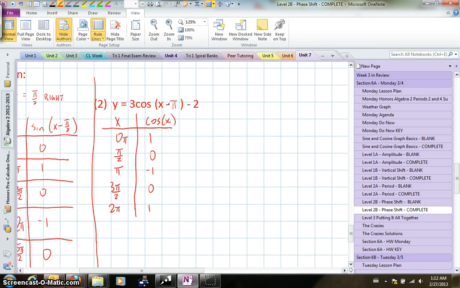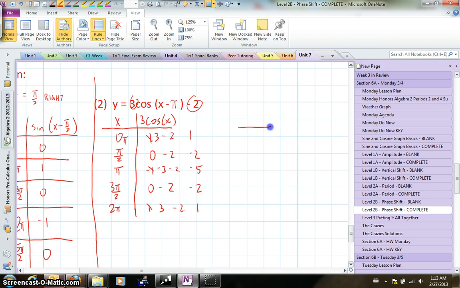Then we can take care of the fact that we're going to triple all of our y's. And then everything is going to move down 2. So this goes to 1, negative 2, negative 5, negative 2, and 1.